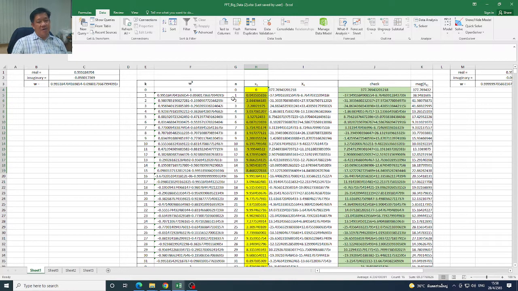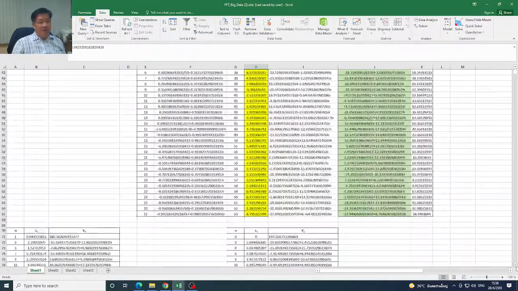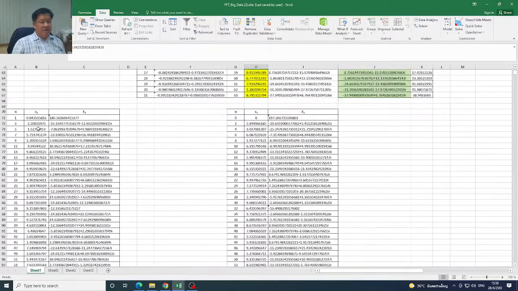Because N equal to 0 is the first number and N equal to 1 belongs to the second number, and then the 3 becomes the fourth number. So this one you can see that 0.043 and 2.20 are being retrieved and moved here by using the index function, and so on.